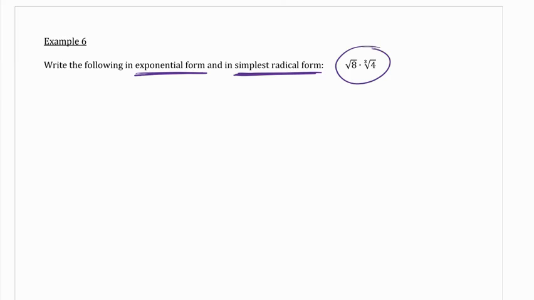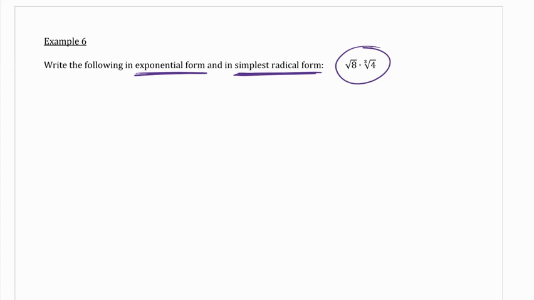So what we have here is we're multiplying two radicals, and if you remember the rules with radicals, I can multiply two radicals as long as they have the same index. So if I have radical 3 times radical 3, I can do that and I get radical 9, right? But if I have two different numbers inside the radical, I can't just multiply those.